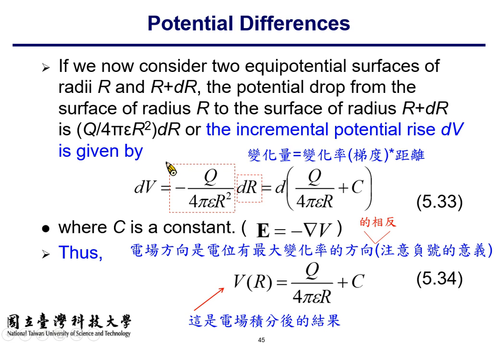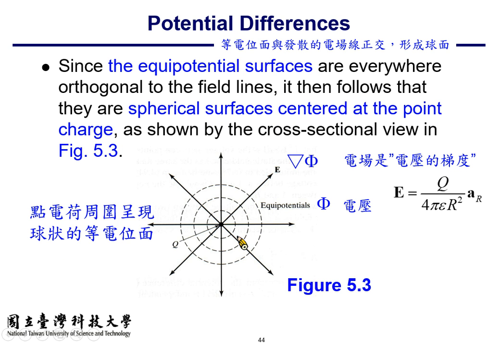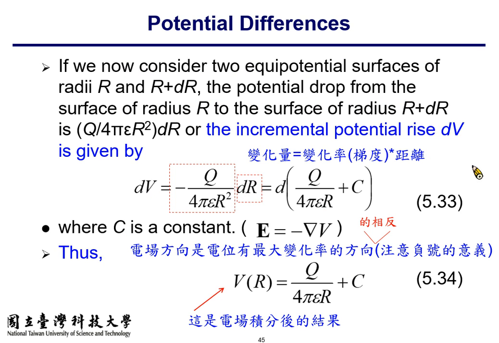All right, so what is dV? The potential difference between two spheres. In the previous slide we saw that the so-called equal potential spheres are spheres enclosing the same origin. So dV is the difference between this sphere and this sphere. How do you find the voltage difference dV?